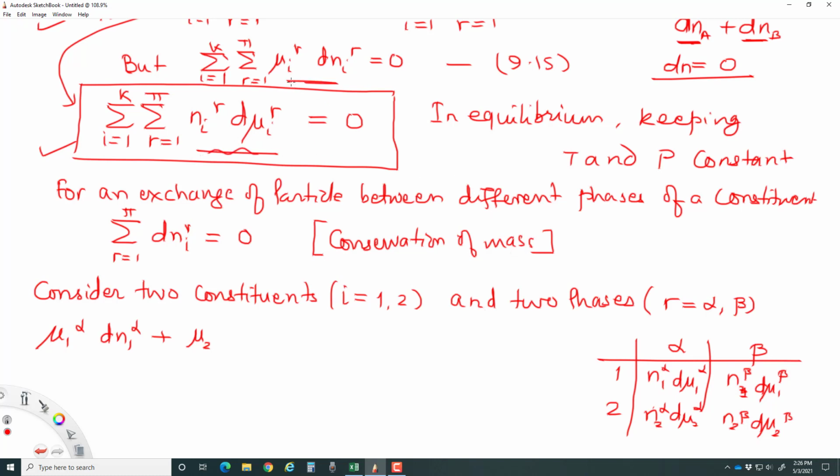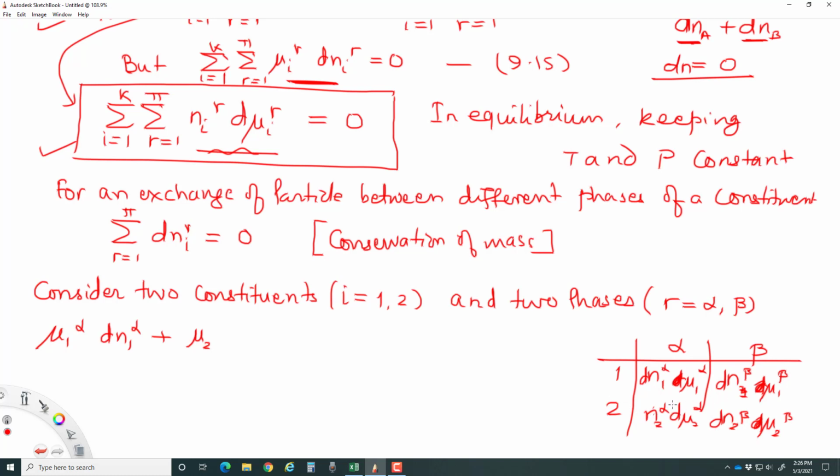We'll use not that, but mu dn. We can get something from this also, but here we want to find a condition in terms of chemical potential.